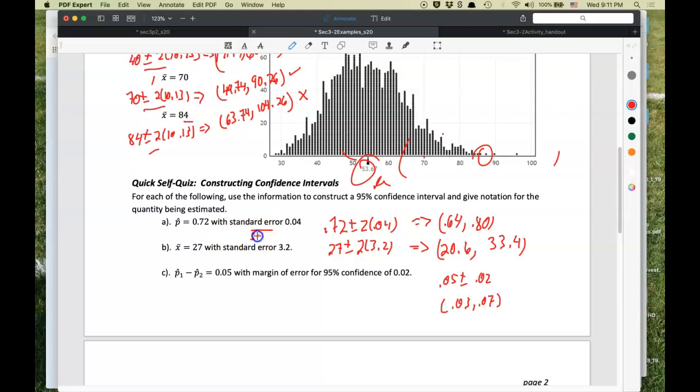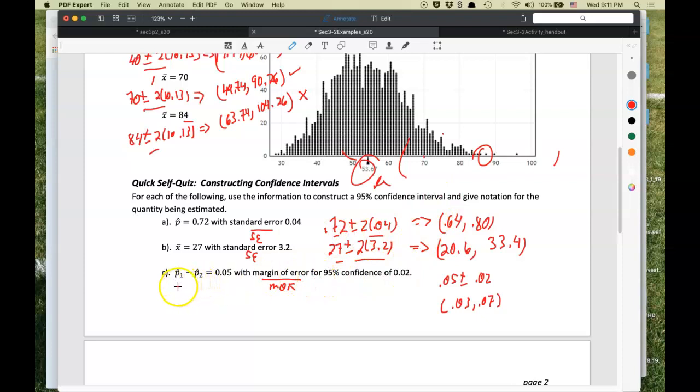So here's the standard error, but here's the margin of error. So in this case, we're adding and subtracting twice the standard error to the statistic. All right, so I've got intervals computed that way, twice the standard error in each case, added to the statistic.